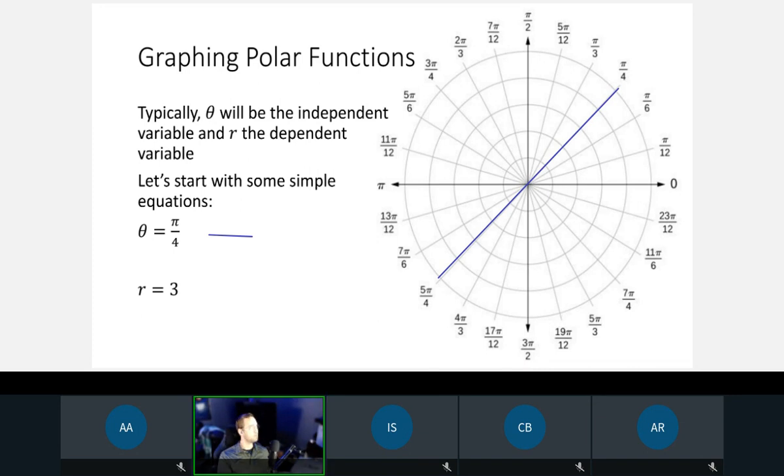All right, so we're going to draw a circle. I'll do it in green. Hopefully it's not a filled-in circle.